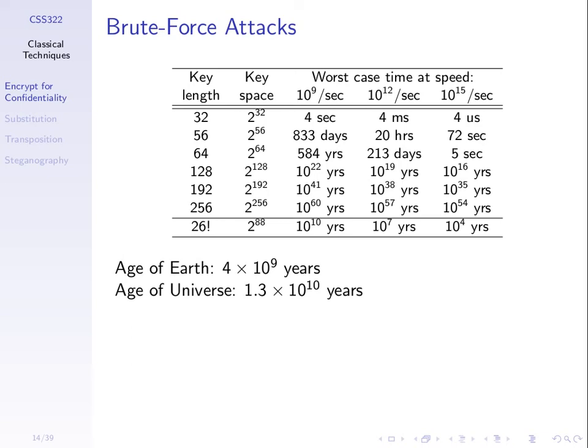I've got a number somewhere. 500 million decryptions per second. I'll show you the details at a later lecture, but we're talking about 1 billion per second with dedicated computers at about $10,000 or $15,000.